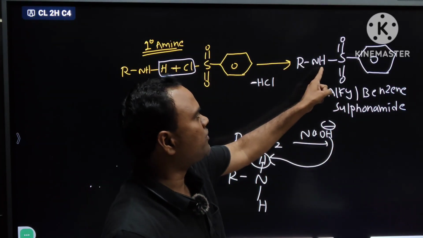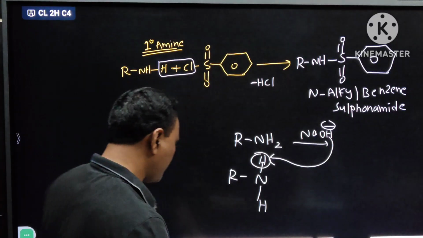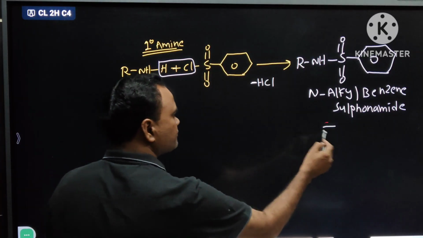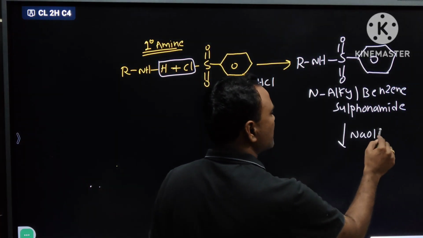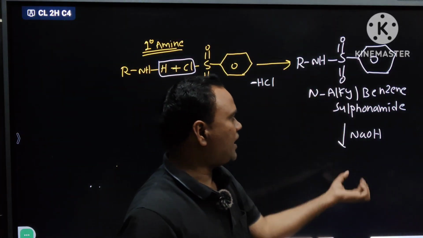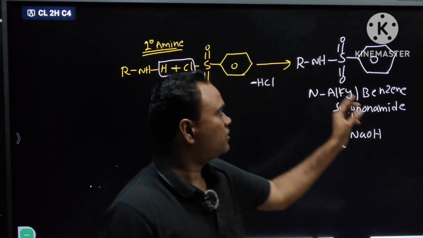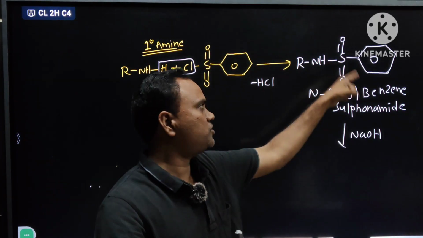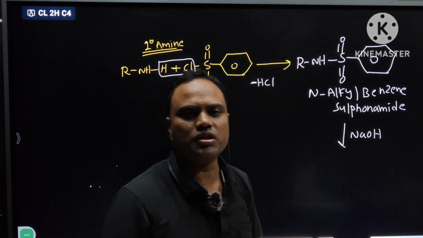Here also, nitrogen is having hydrogen. So if we treat this with sodium hydroxide, this step is important. Sodium hydroxide acts like an acid base reaction. This is a base. H will come out from nitrogen, from this total structure. So acid base reaction. So we'll get a soluble salt.